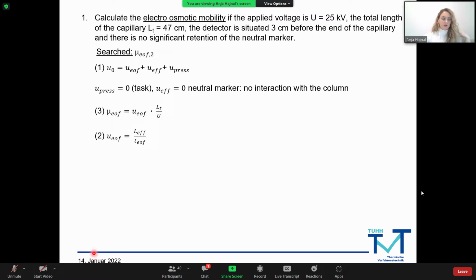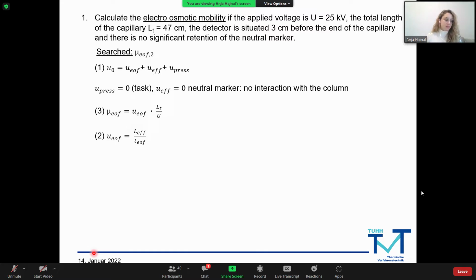All right, then let's begin with the first task. I believe you've already skimmed through all the equations, and we are going to go over them as we are solving the task, so you will understand better.